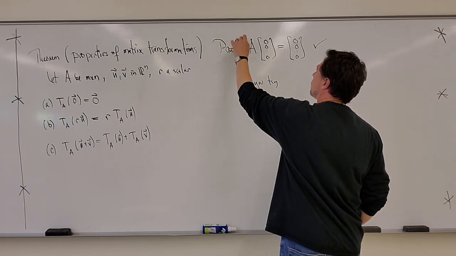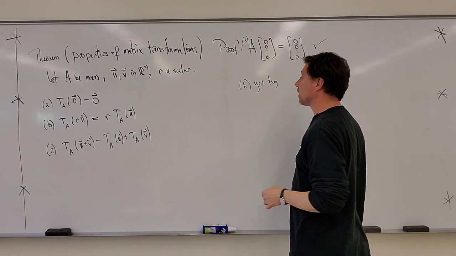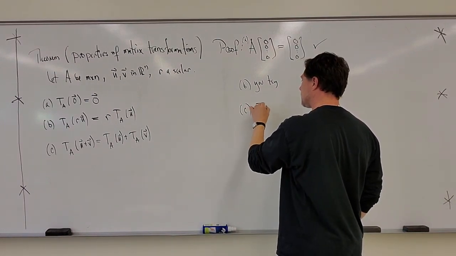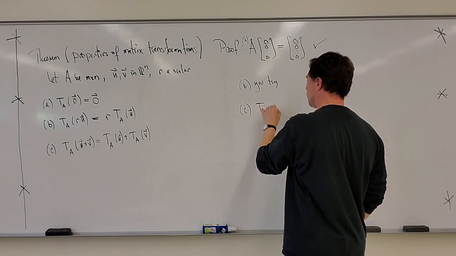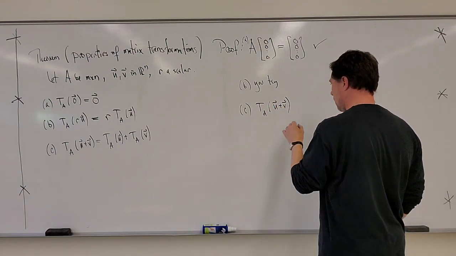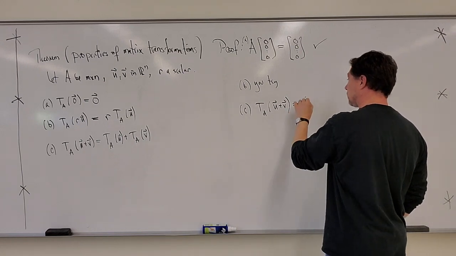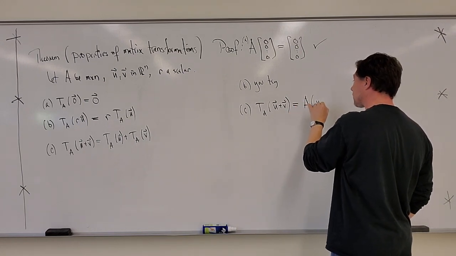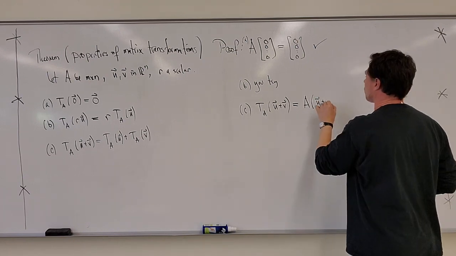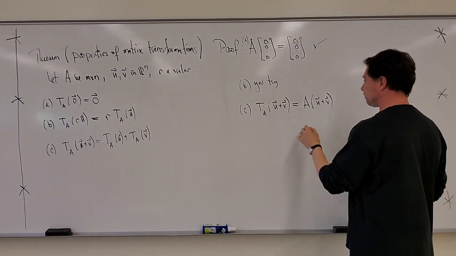And I should have labeled this, sorry, that was part A right there. So now part C, so what do we have? T sub A of u plus v. What's that equal to? Well, it's equal to A times the vector u plus v.